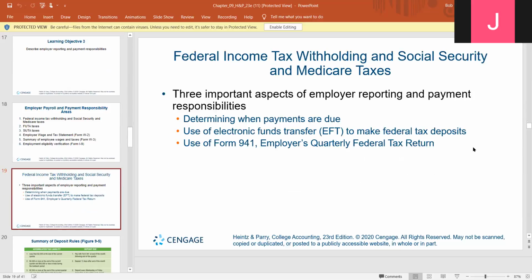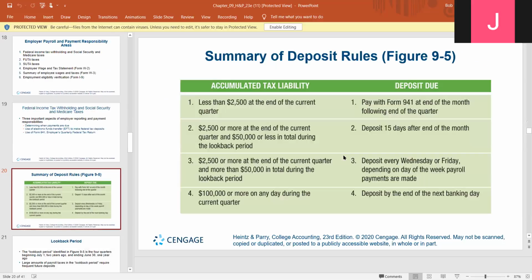Federal income taxes. Three important aspects of employer reporting and payroll responsibility: determining when the payments are due. Everybody uses electronics now to make their payments. And the 941. I'm not going to get too excited about this, but what they're saying is the size of the payroll might indicate when things get paid.